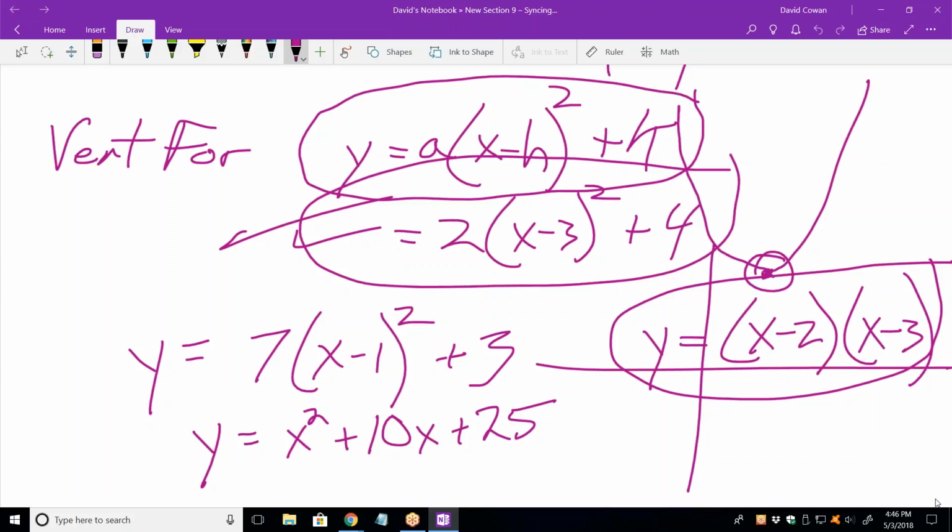If I said, what's halfway between 2 and 4, what is it? It's 3. You don't need to do any math to figure that out. What's halfway between 4 and 8? It's 6.